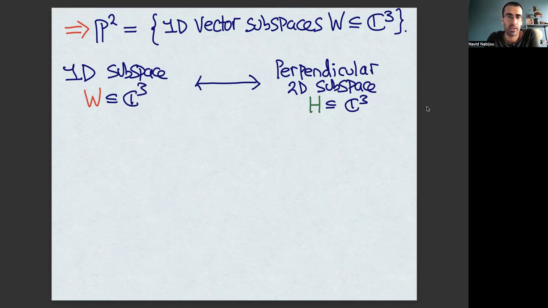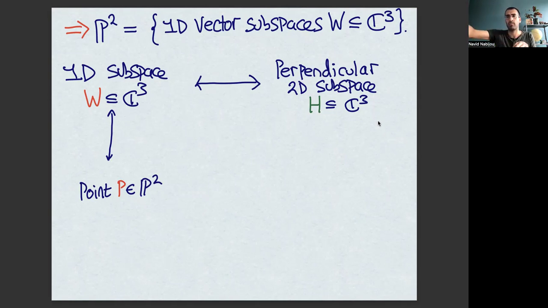Okay. Well, that's fine. But now we've just said that W should correspond to some point of P2. Okay. So that means that to every point of P2, I get some W, and then to that W, I get this perpendicular subspace. Now, what does that subspace correspond to in the P2 world? Well, if you think about it, a two-dimensional subspace of C3, you can think about it as a union of one-dimensional subspaces, right?